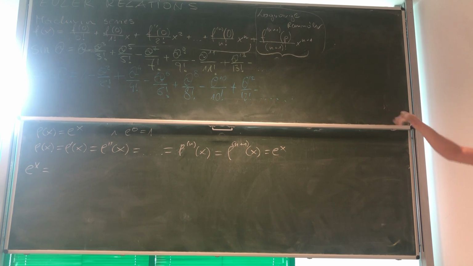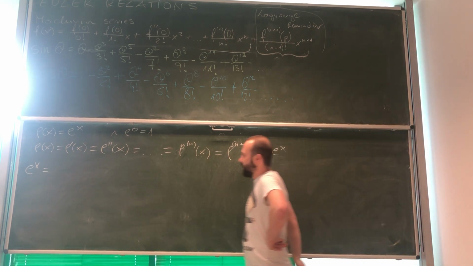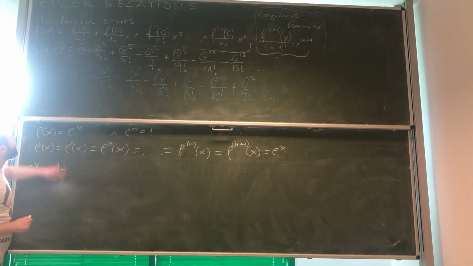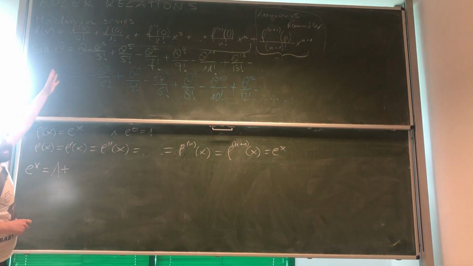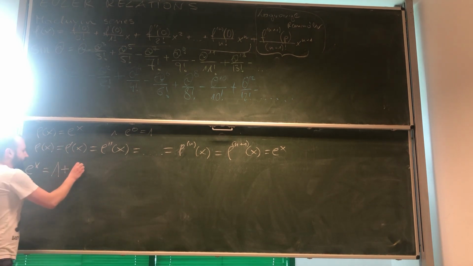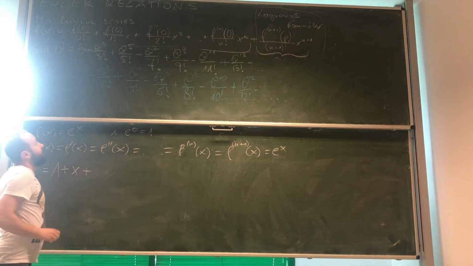Okay, so let's expand e to the power of x using the formula. So first we have e to the power of 0, which is 1, divided by 0 factorial, which is 1, so we've got it. Then we've got the first derivative, again e to the power of x, so e to the power of 0, which is 1, divided by 1 factorial, but this time times x.